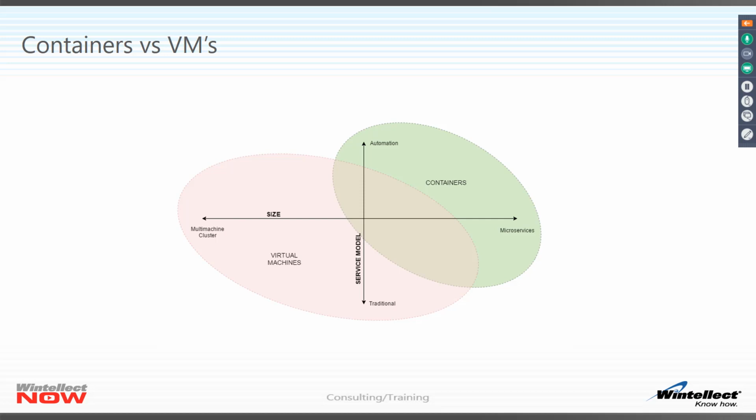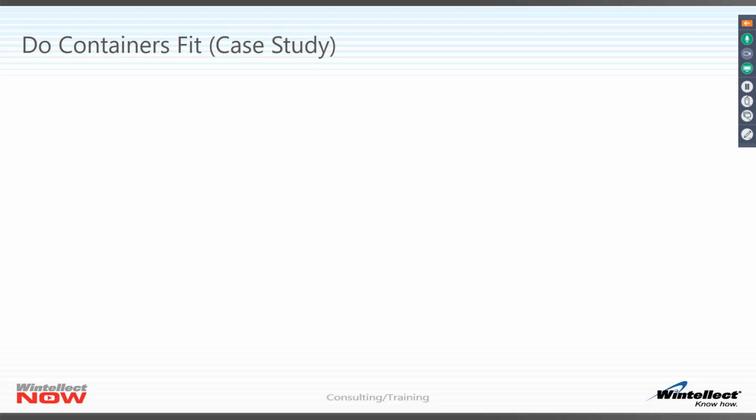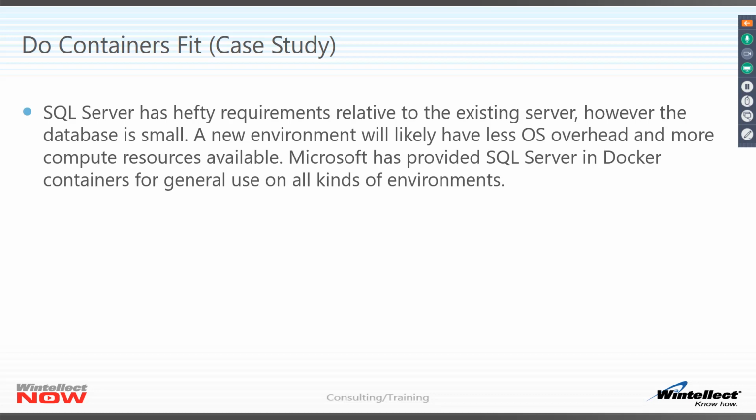So when you have decided that containers are a good fit for your application, then you can start planning out your migration strategy. But go back to my case study here. SQL Server is a hefty requirement relative to an existing server. However, my database is small for my instance.